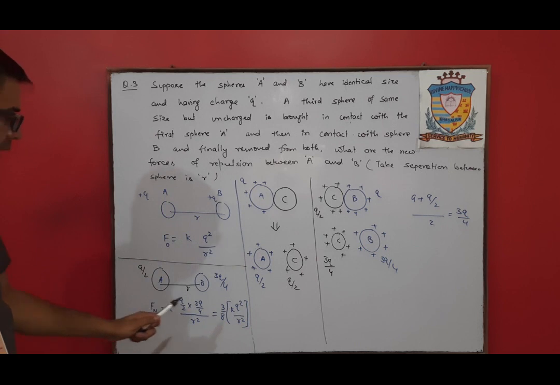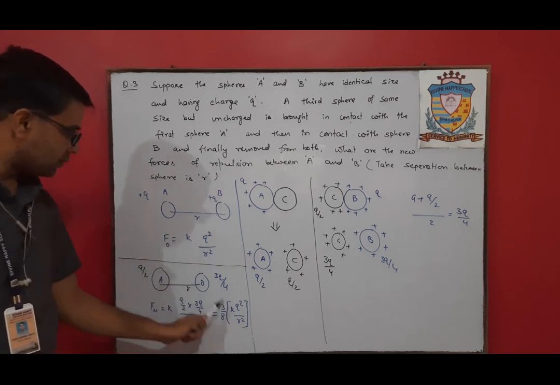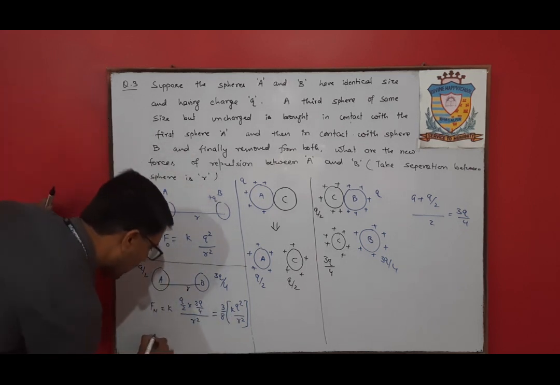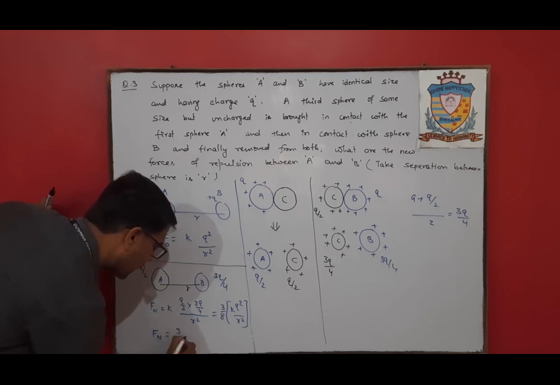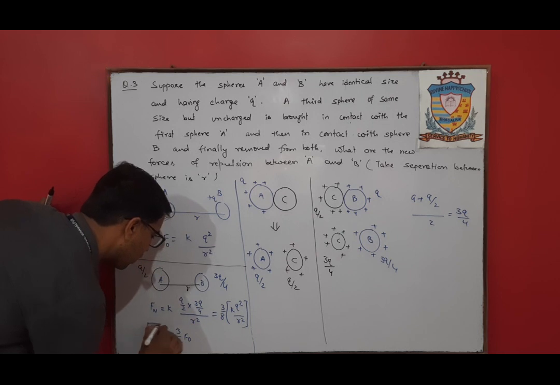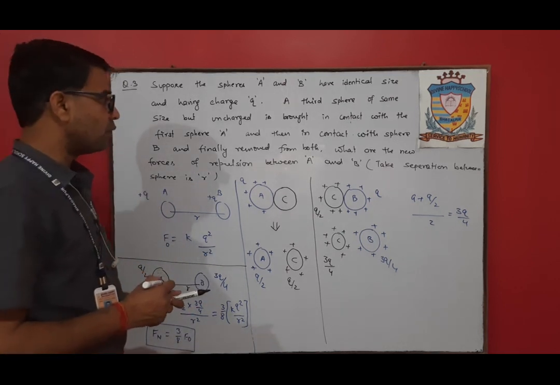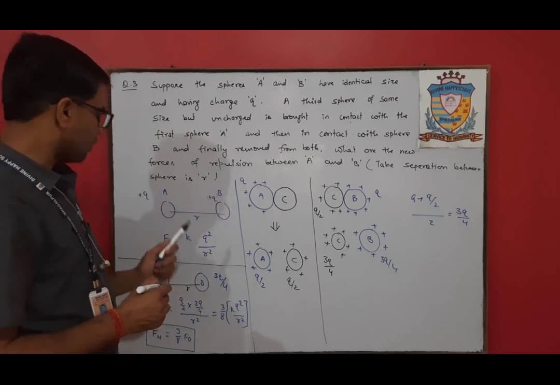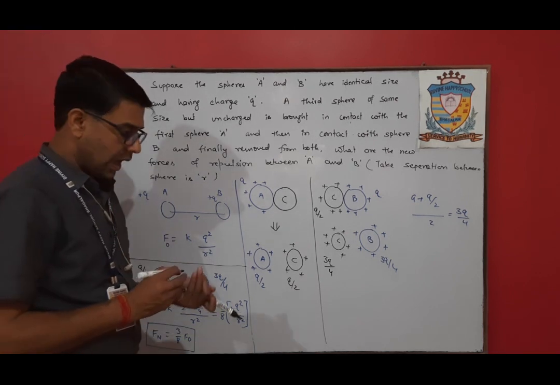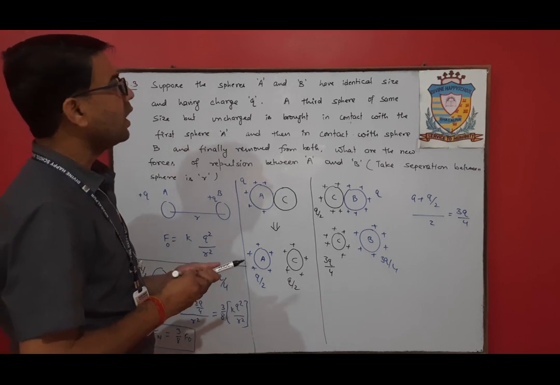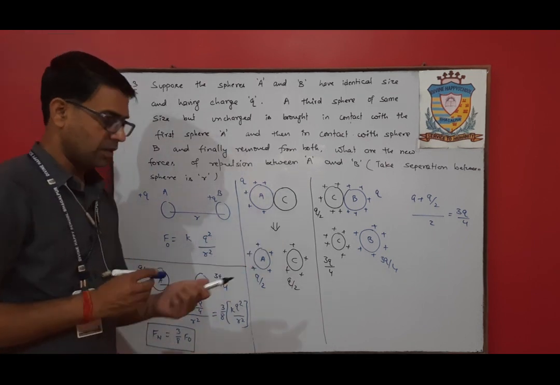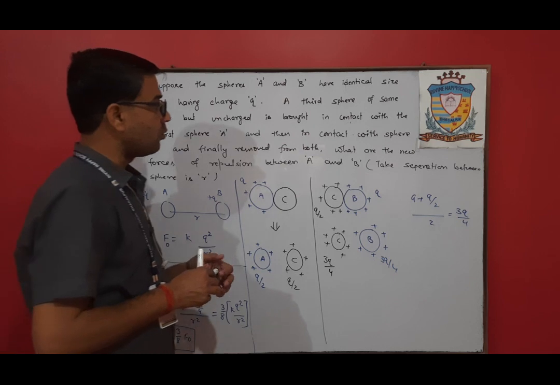If we compare it with this equation, this part is F old. So F new is equal to 3 by 8 of F old. Clear? So this is the force of repulsion between A and B after contact with C.